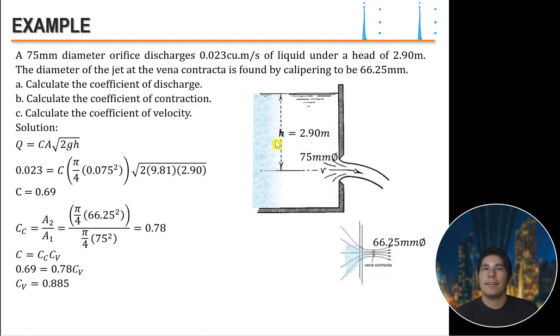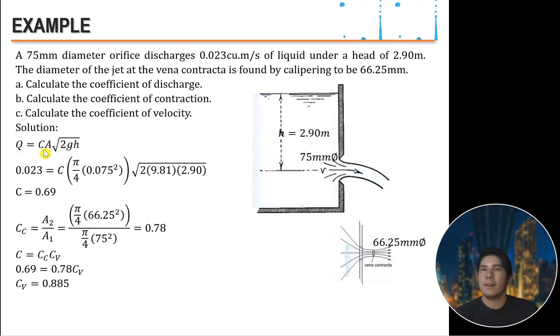So in our figure, we have a 75 mm orifice diameter. The diameter of the vena contracta is 66.25 mm. And then we have a head of 2.9 meters, which is measured from the center of our orifice.